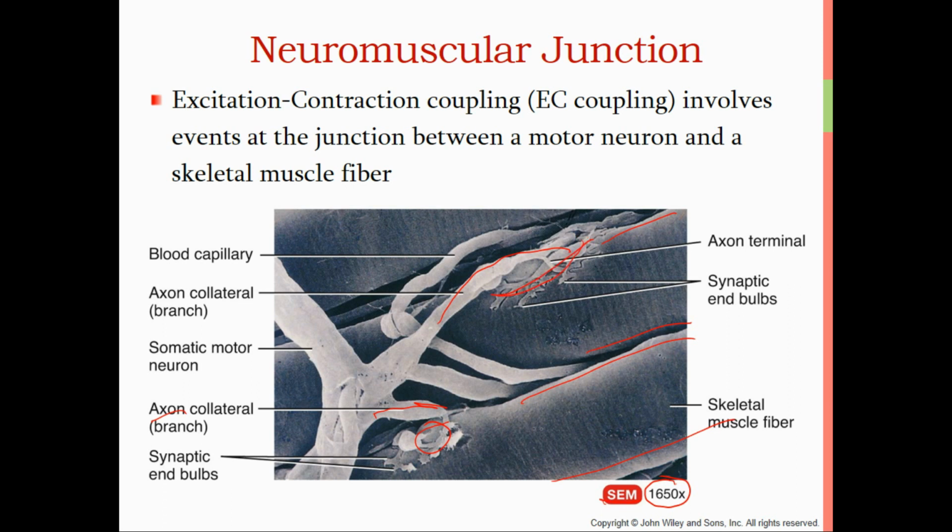All right, so what goes on at this junction that enables your body to convert the electrical signal that your brain sends down the nervous tissue, all of this here, the signal comes down this way.